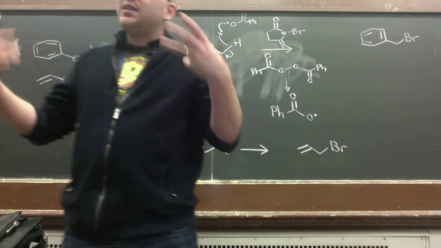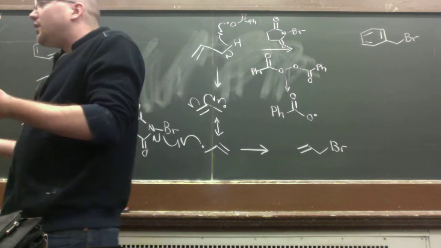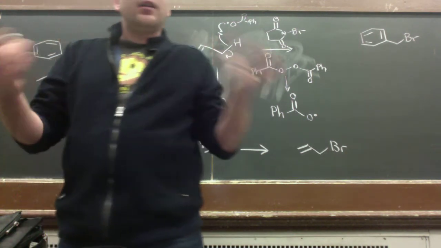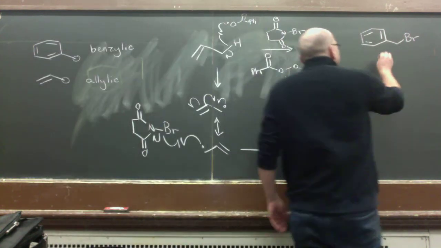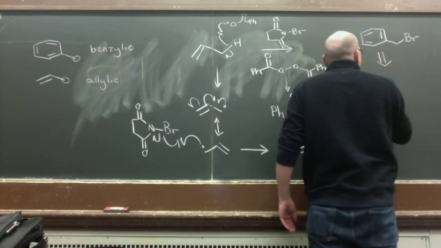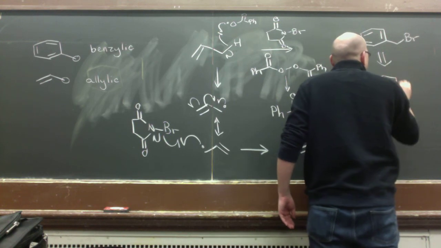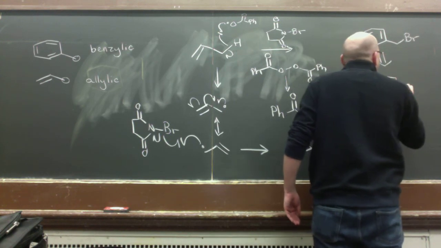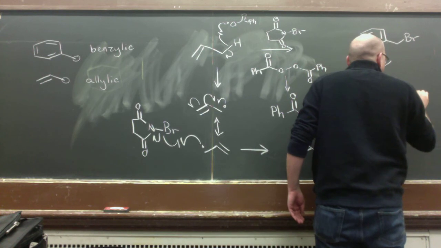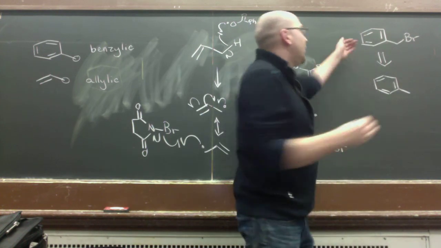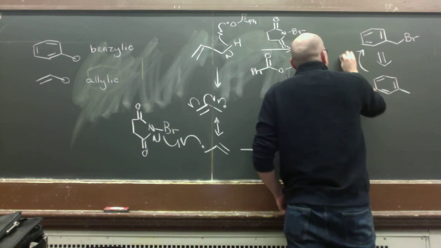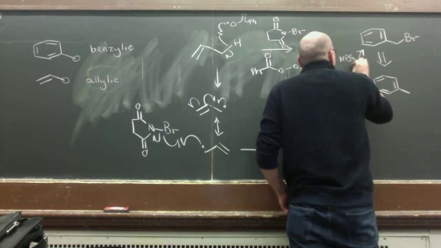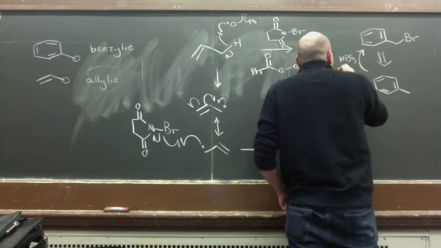Because if you took the benzene and methylated it using a Friedel-Crafts alkylation to make toluene, you could then simply take toluene and use these conditions, NBS and, again, whatever radical initiator you want.